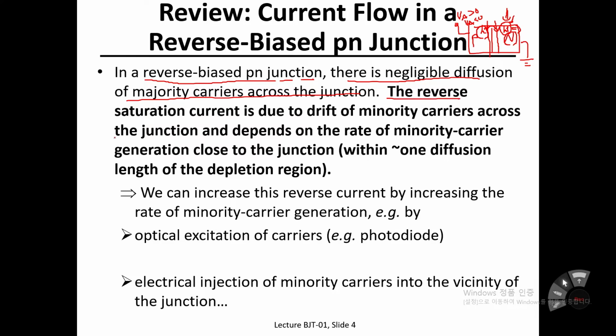So the reverse saturation current, in the diode equation that was I naught, right? The reverse bias saturation current comes from what? Yes, the drift current of minority carriers across the junction. So going back to the energy band diagram of the PN junction diode under reverse bias, the band diagram has been drawn as follows, right?